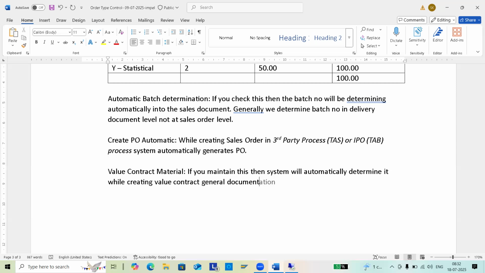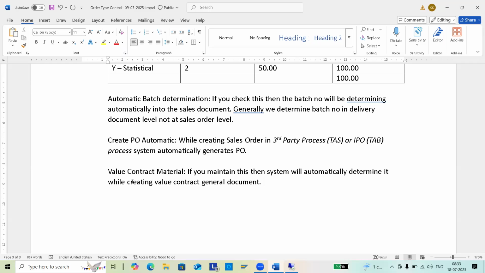Guys, we had discussed contracts, right? Contracts are of two types: quantity contract and value contract. So far only quantity contract, I think, had been discussed.